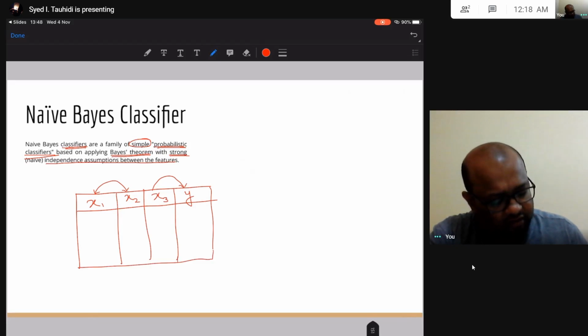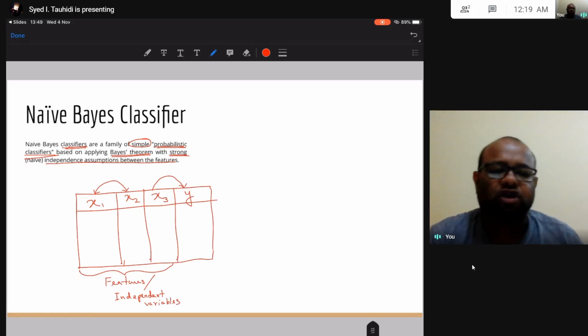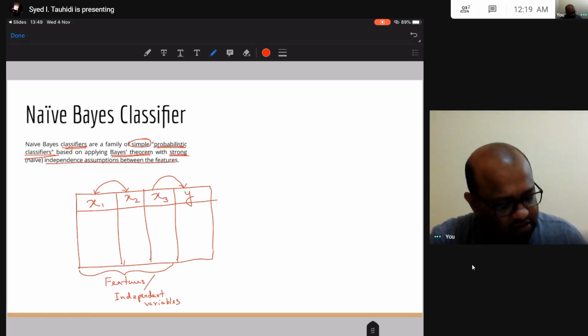Now, once again, to recall the terminology, these are features, also called independent variables. Okay, the values of these variables are not dependent on anything. This is the target. These are the dependent variables.